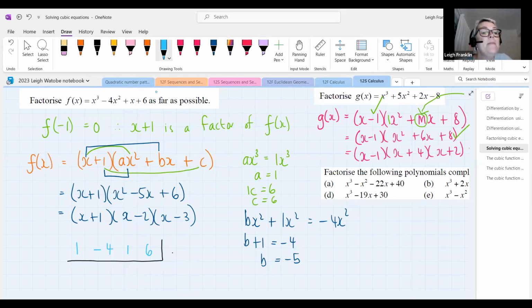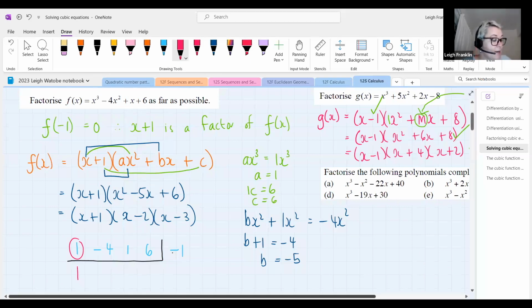Now remember, in the beginning, we discovered that minus 1 gave us 0 as an answer. So our root is negative 1, and we are going to write that on the outside. What we would then do is bring this coefficient down to the next line. And now we want to multiply this 1 that I've brought down with the minus 1, my root. So I'm going to say 1 times minus 1.